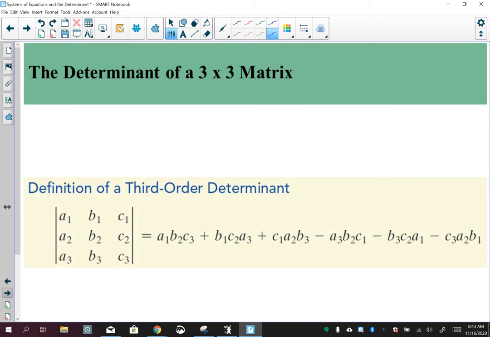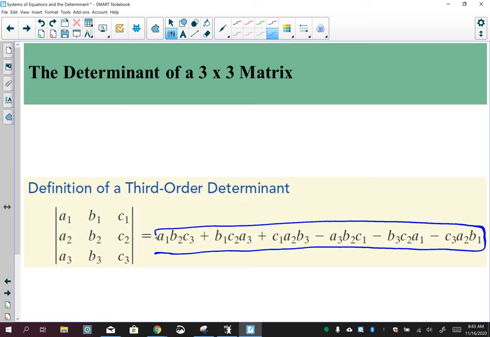Now, 3 by 3 matrices are a little bit more difficult. So you're going to notice this really long formula here. You don't have to memorize this formula. There's actually an easier way for you to memorize this.